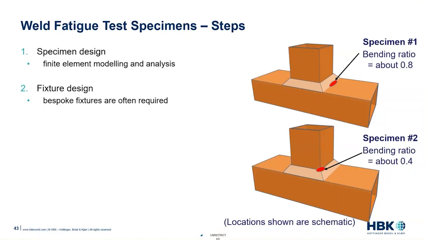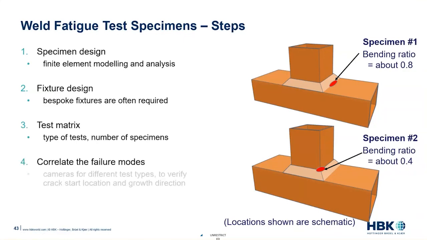Usually for welded joints, bespoke fixtures are required for the test rigs. And only then do we begin to think of the test matrix: what's the type of test, what's the number of specimens.